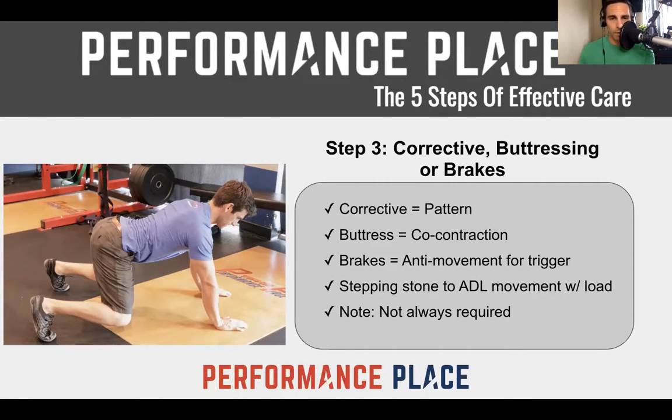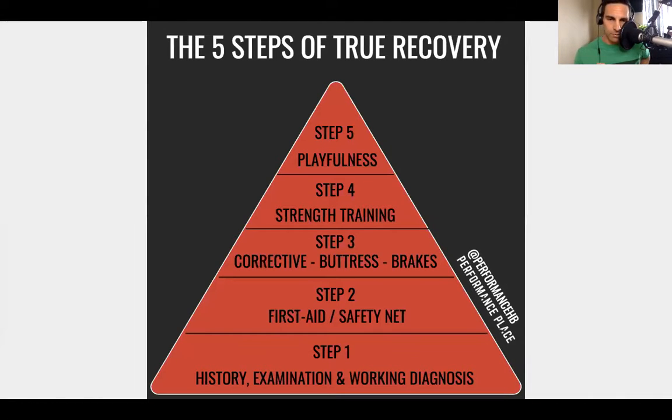Based upon what you pick, I believe people only need about 25 different corrective or correcting or braking system exercises that you cue different ways throughout different things. When I show this pyramid, just notice that at the bottom, all of these histories, exams, working diagnoses, there's a bunch of them, right? And every exam looks a little different. First aids actually become very similar for a lot of people.